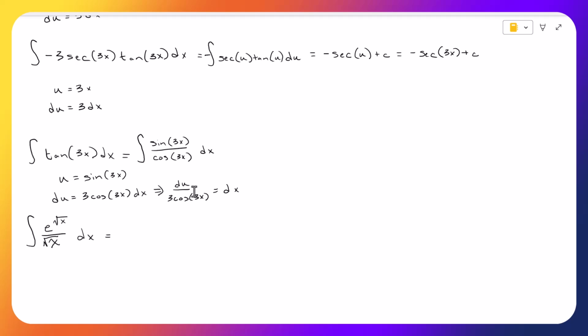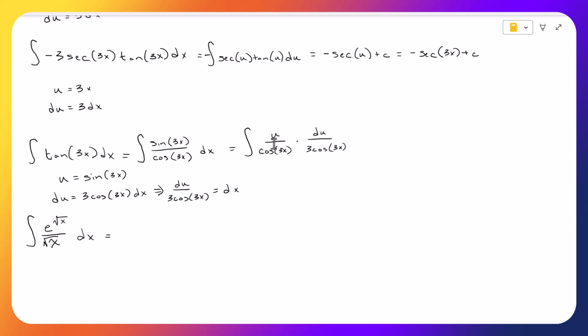So we're going to get the integral of u divided by cosine of 3x times du over 3 cosine of 3x. And here we get kind of stuck.